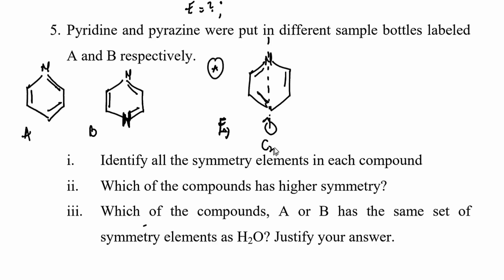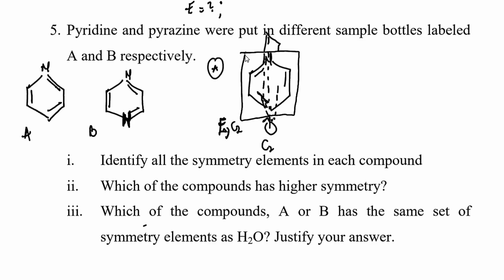So what else do we have? Let's look at the mirror planes. We can have a mirror through this point, and we can also have a mirror that cuts through downwards.